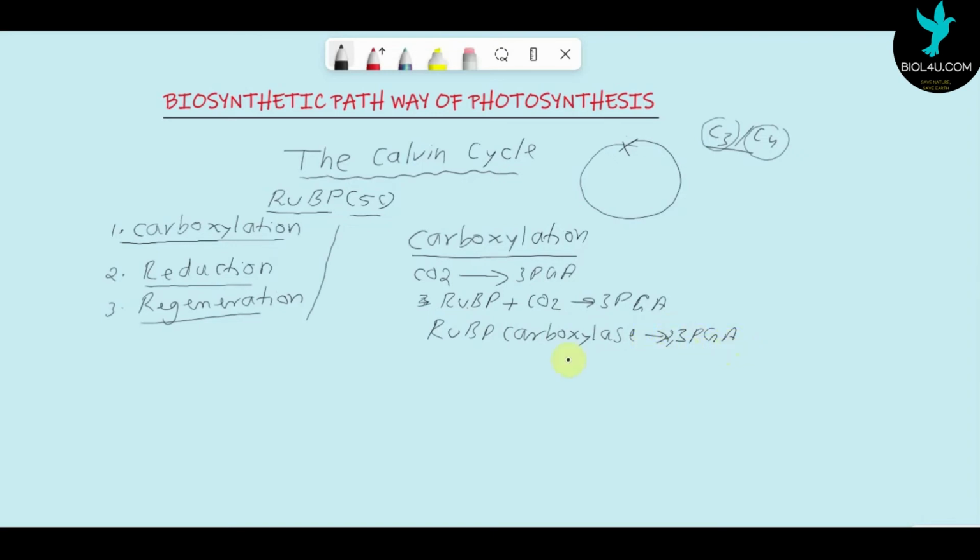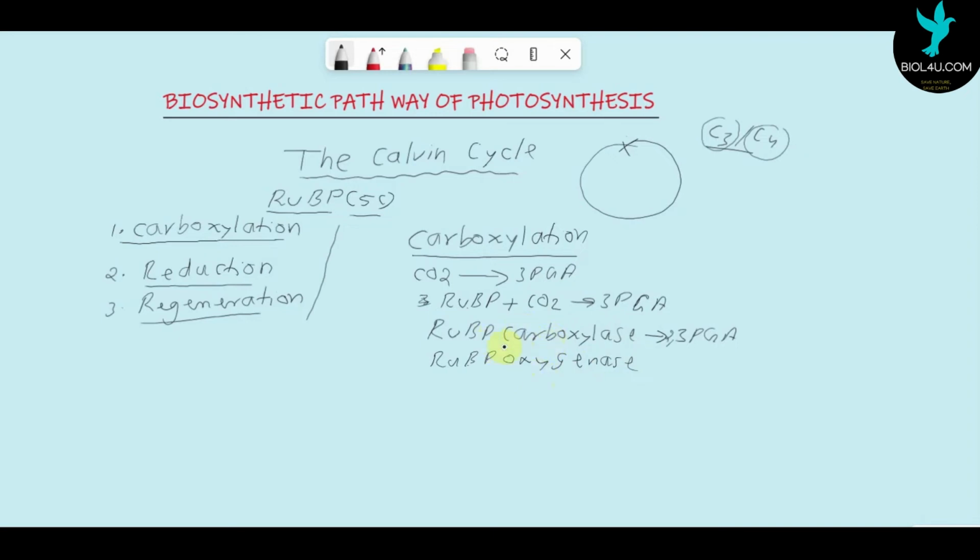This enzyme also has an oxygenase capacity. When this enzyme acts as an oxygenase, we can say it is RuBP oxygenase. That means this enzyme works both as a carboxylase and an oxygenase, depending on the concentration of carbon dioxide and oxygen.